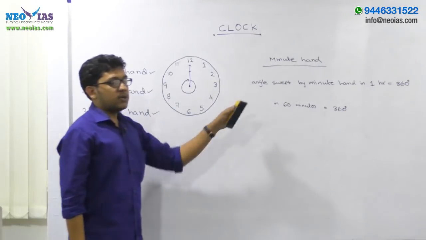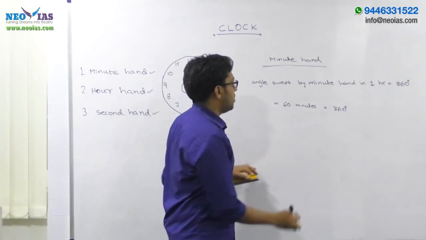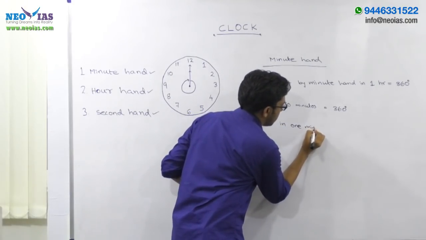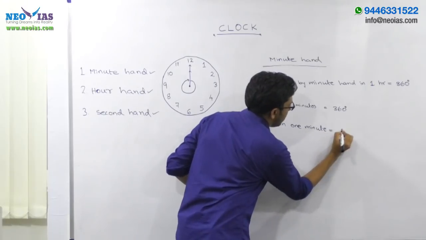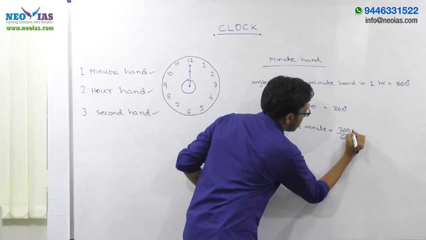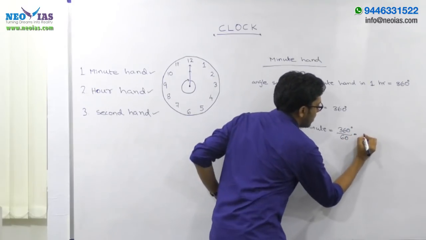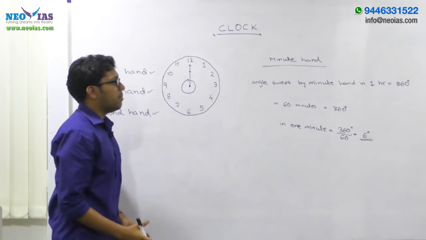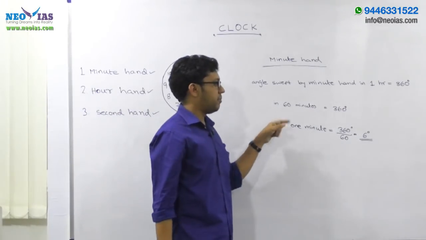Then what will be the angle swept by minute hand for 1 minute? In 1 minute, the angle swept by minute hand will be 360 by 60 degrees, and the answer will be 6 degrees. 6 degrees is the angle swept by minute hand in 1 minute.